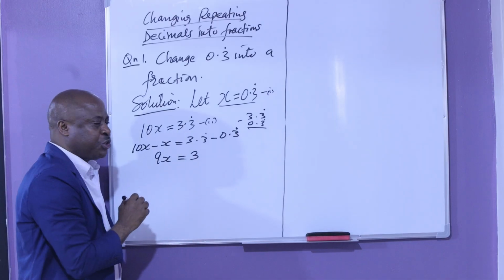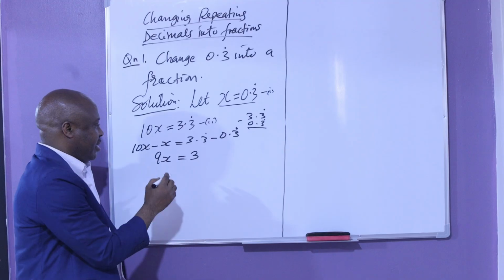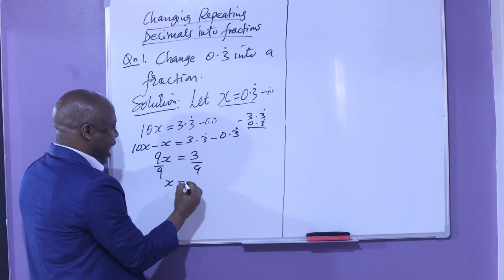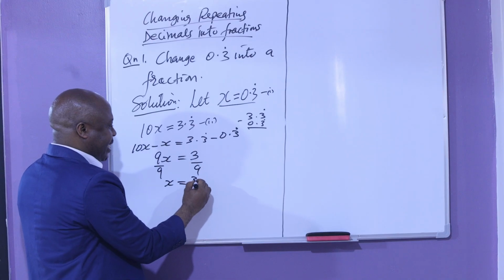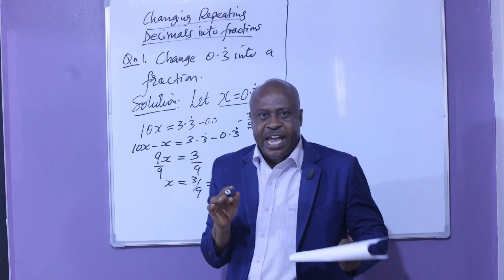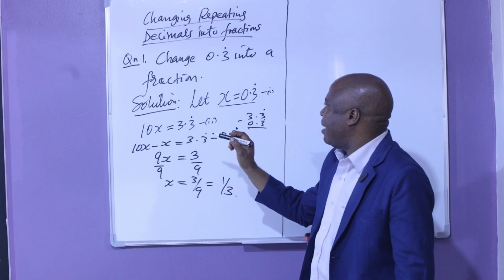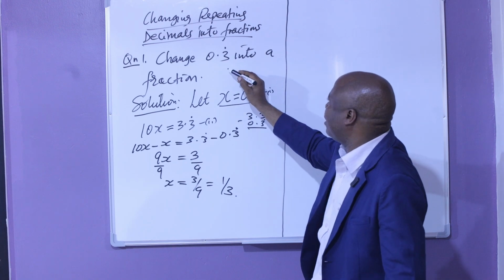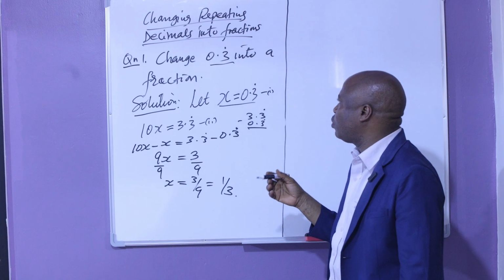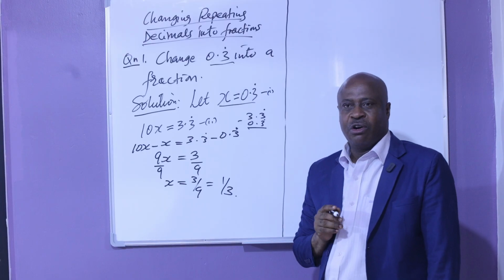Then because my aim is to get my x, I have to divide my left hand side by 9 and my right hand side by 9. And finally, I'm getting my x to be 3 over 9, which is equal to 1 over 3. And therefore, the value of 0.3 repeating in fraction is equal to 1 over 3.